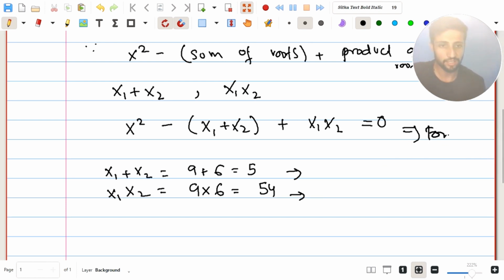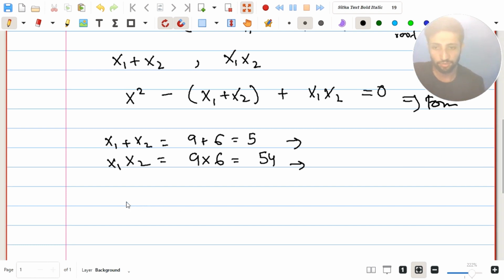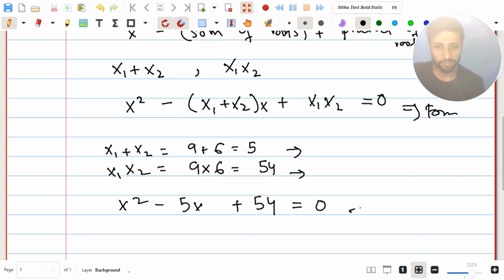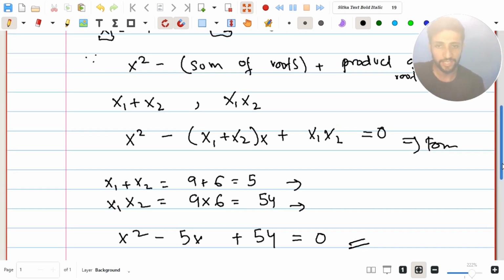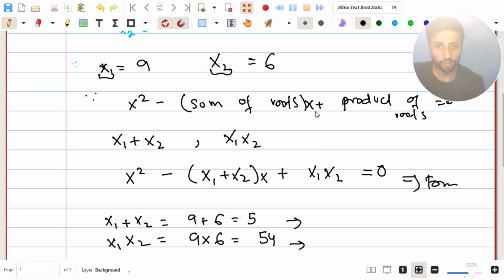So you will get x square minus 15x plus 54 is equal to simply 0. So that means this is my equation, and if I solve this equation, I will get two roots. The first root is simply 9 and the second root is simply 6.